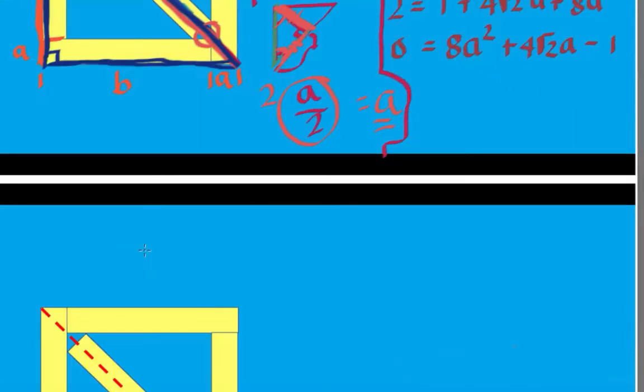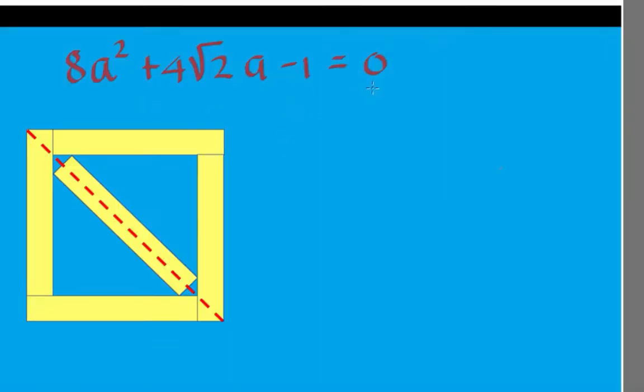So what we want to do is solve this quadratic equation, 8A squared plus 4 square root of 2A minus 1 equals 0. Solve for A. So using the quadratic formula, our roots are the negative of the coefficient of the second term plus or minus the square root of the square of the coefficient of the second term. So the square of 4 square root of 2 is equal to 32, minus 4 times 8 times negative 1, which gives us also positive 32, all divided by 2 times this 8 to get 16.